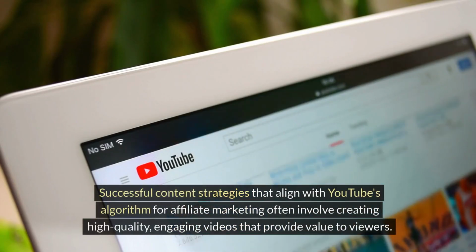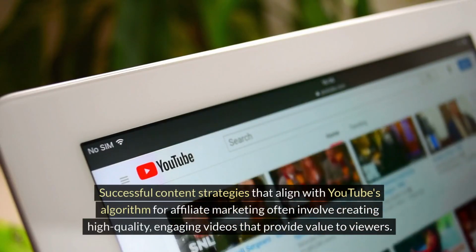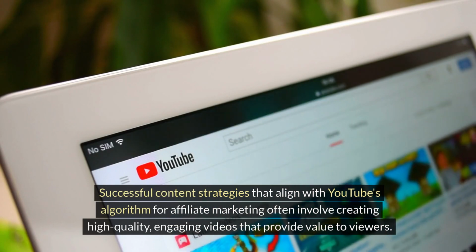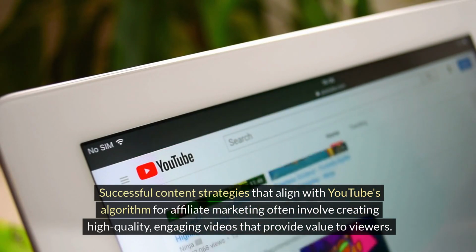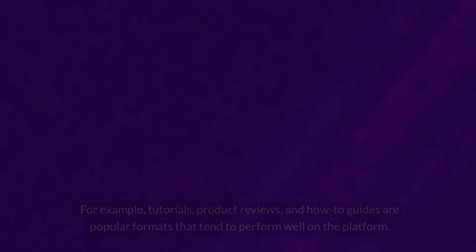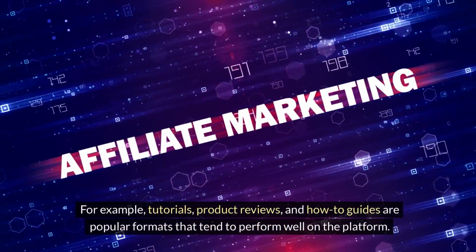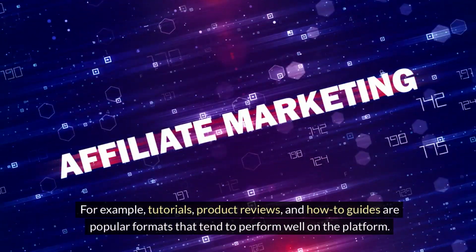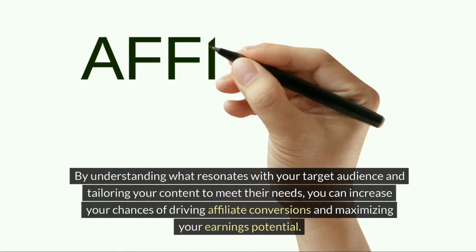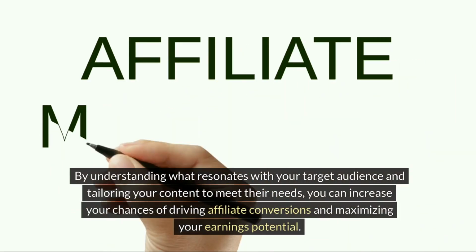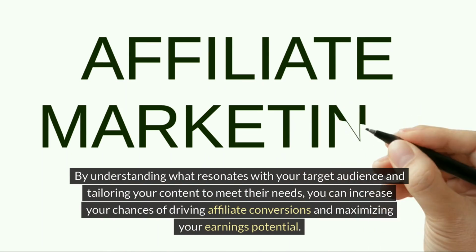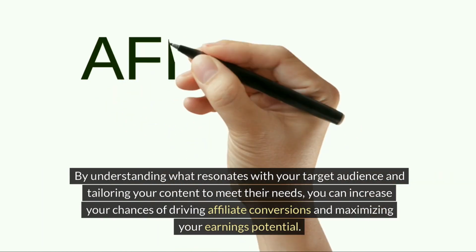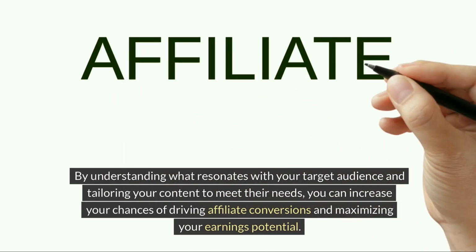Successful content strategies that align with YouTube's algorithm for affiliate marketing often involve creating high-quality, engaging videos that provide value to viewers. For example, tutorials, product reviews, and how-to guides are popular formats that tend to perform well on the platform. By understanding what resonates with your target audience and tailoring your content to meet their needs, you can increase your chances of driving affiliate conversions and maximizing your earnings potential.